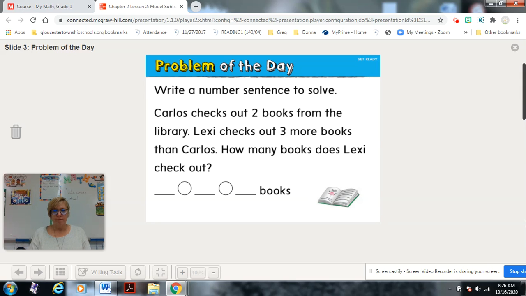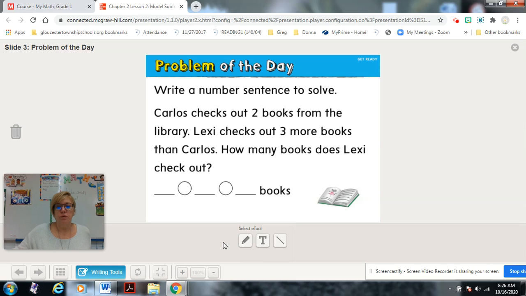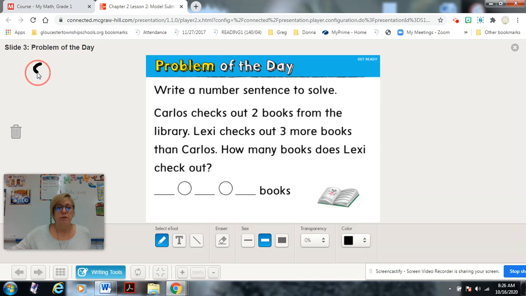Okay, so there's the information. So let's look at what we know. We already know, and I'm going to use a writing tool here, that Carlos checked out 2 books. So I'm going to draw a couple circles, 1, 2, right here. And that Lexi checks out 3 more books than Carlos.